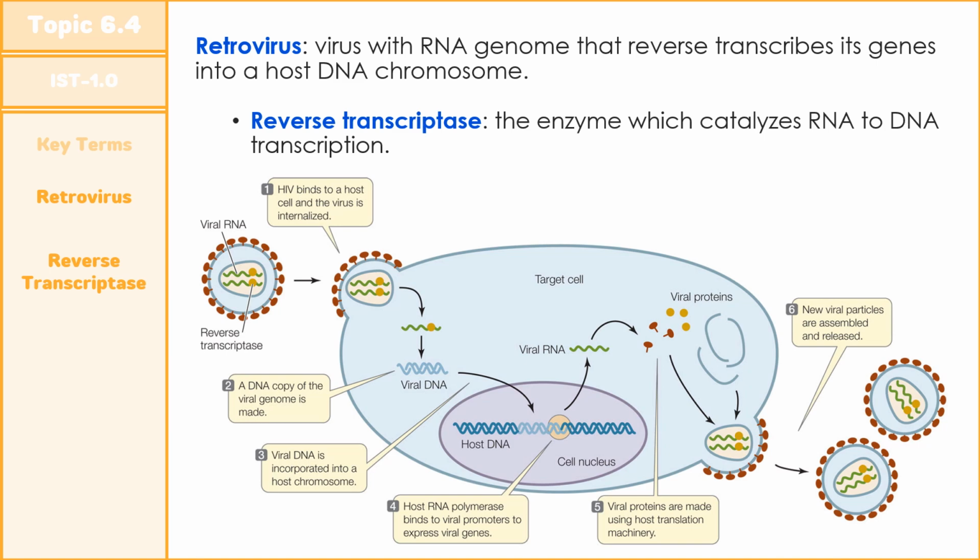And they use an enzyme that is known as reverse transcriptase. Reverse transcriptase takes the RNA from the virus and converts it to a DNA copy, which it can then integrate into the genome of the host cell and get the cell to do all of the work for the virus.